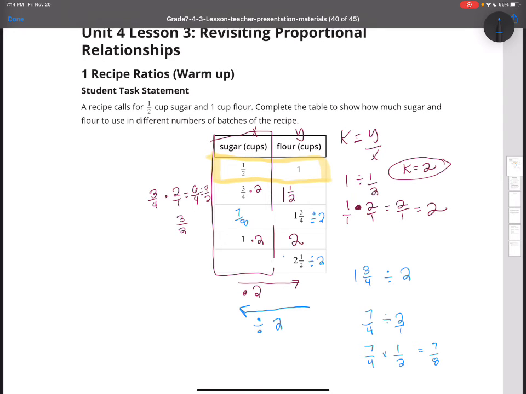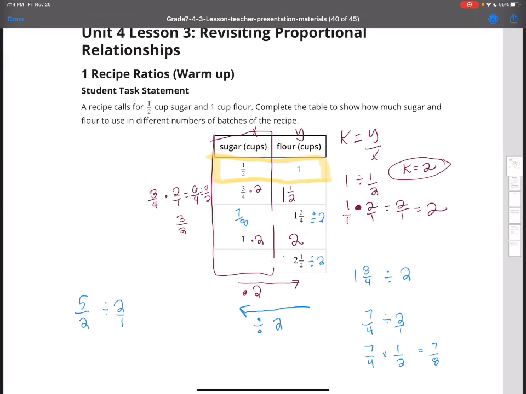Okay. Now for the next one, 2 times 2 is 4 plus 1 is 5/2. I quickly did that, guys. I'll insert something in the slide so you guys can reference how to change a mixed fraction into an improper fraction. And it's divided by 2.